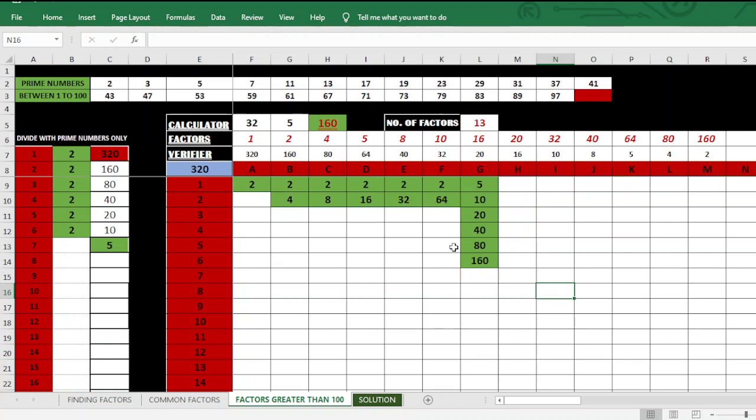Are we done? No, we are left with our last value, which is 64 times 5. Let's see. 64 times 5. What do we get?